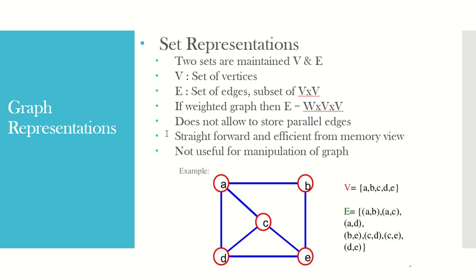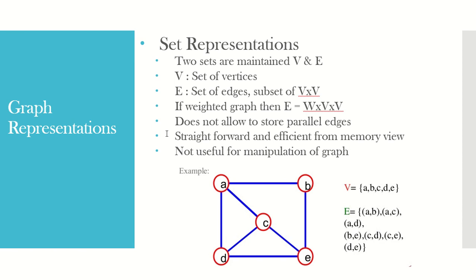But when it is a weighted graph, the set of all edges will have a 3-tuple per pair: first the weight of the edge, then the starting vertex and the ending vertex. So this is how a graph is represented using set representation.